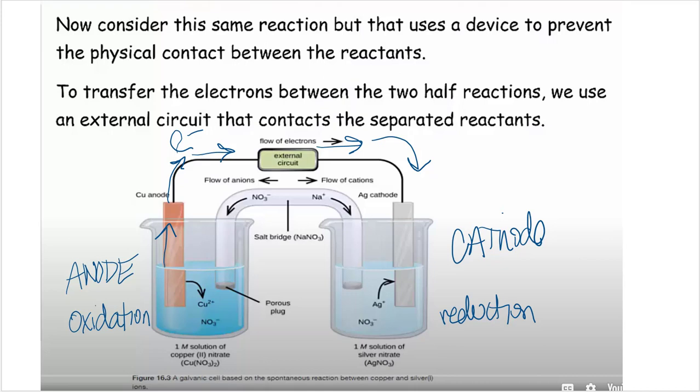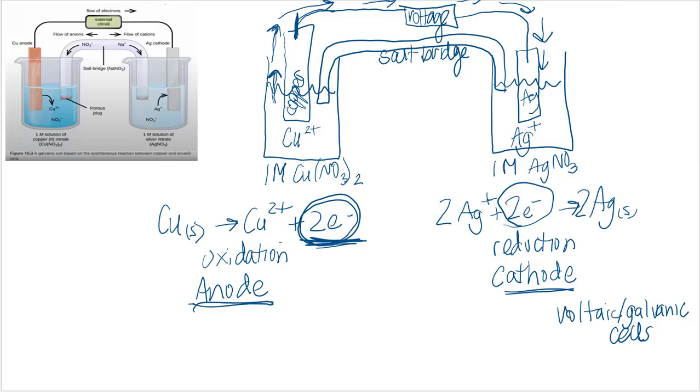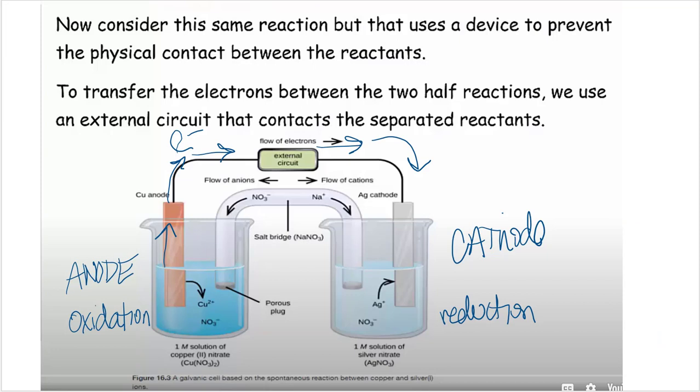We said in the anode half reaction, aqueous copper ions are being formed. Right? So I'm flipping back here. We said aqueous copper ions are being formed. So over time, this plate of copper is actually losing mass.